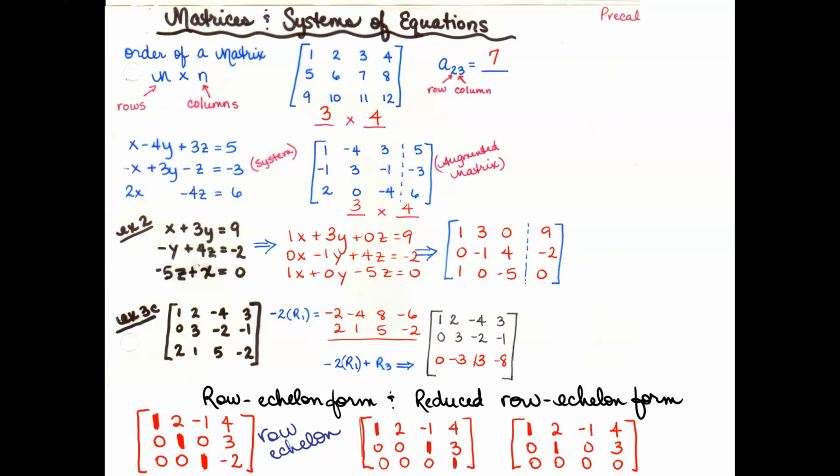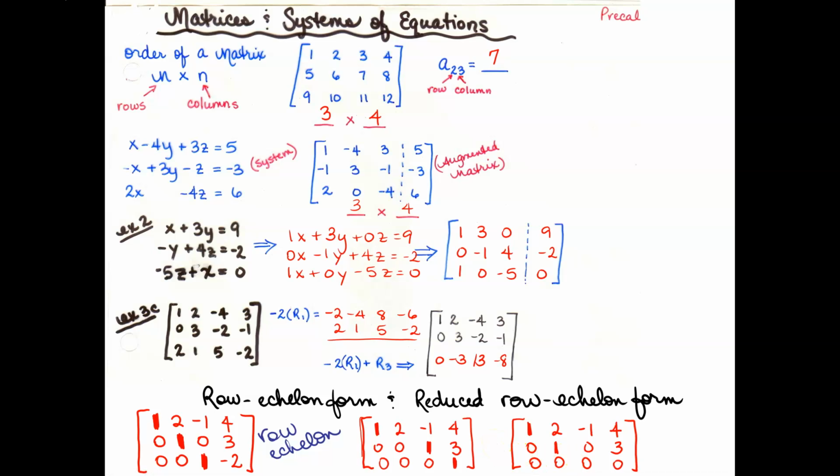Yeah. So it doesn't have to be just one stair step over like it was in that first one. As long as the leading 1 in the higher row is further to the left than the leading 1 in the lower row, then it's fine. All right. And then the last matrix over here introduces a row of zeros. So that's kind of strange.